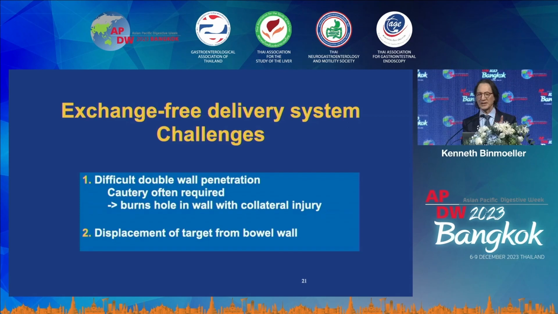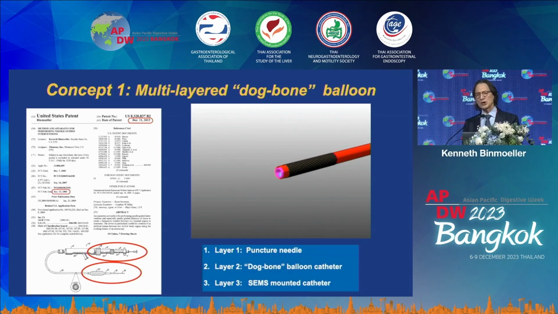The problem with cautery is it burns a hole in the wall, and it can be an unforgiving hole because it will not spontaneously close, and it creates collateral thermal injury to neighboring tissue, and the displacement of the target from the bowel wall. So again, working with the engineers, we went through multiple concepts, and I just want to share with you some of these concepts just so that you have a flavor of the innovative spirit.